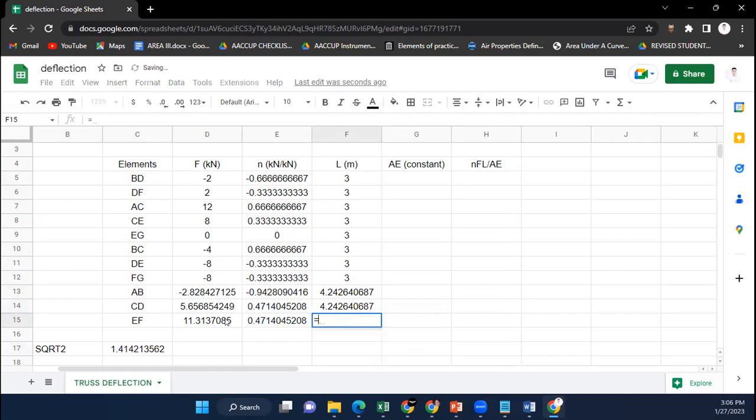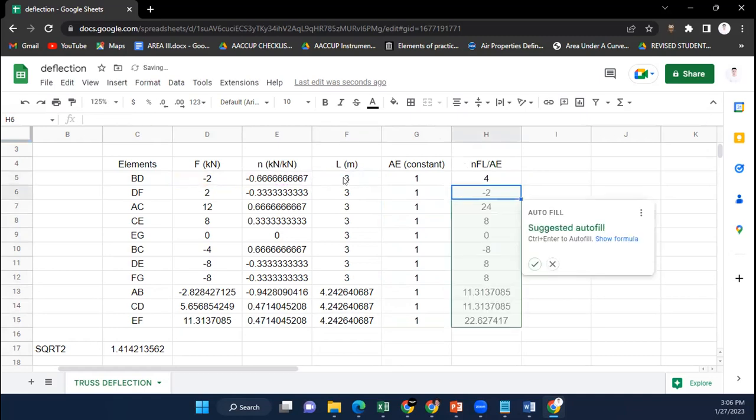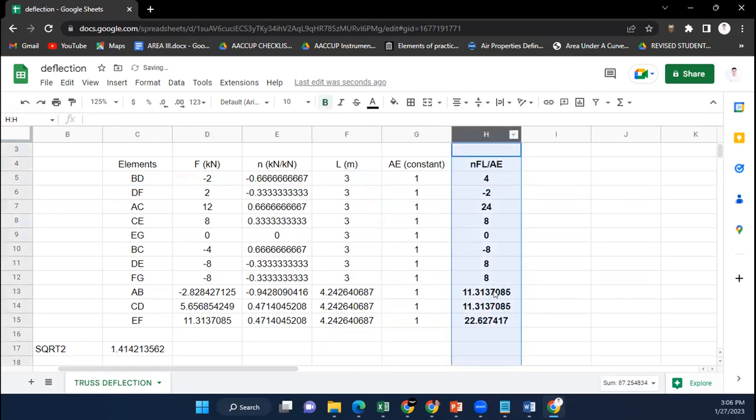Okay, so same, 3 times square root of 2. AE is constant, so lagay natin 1. And then solve na natin. So, simply N times F times L, okay, over 1 or AE. No? Ibig sabihin lang yan over AE. So that is your NFL over AE.